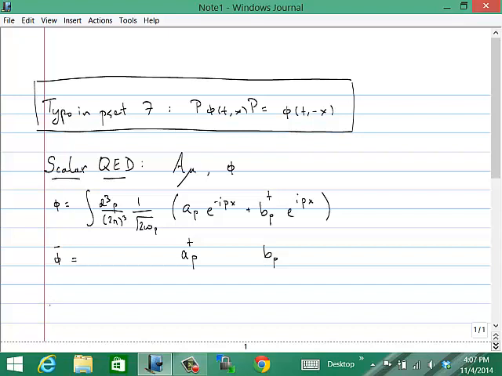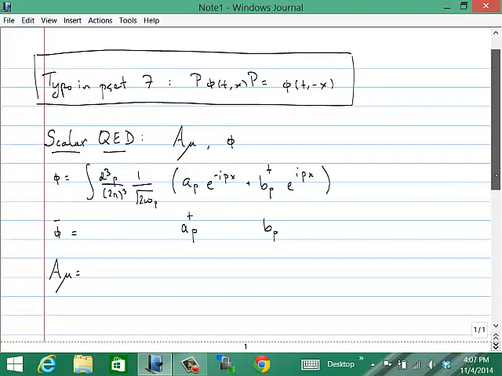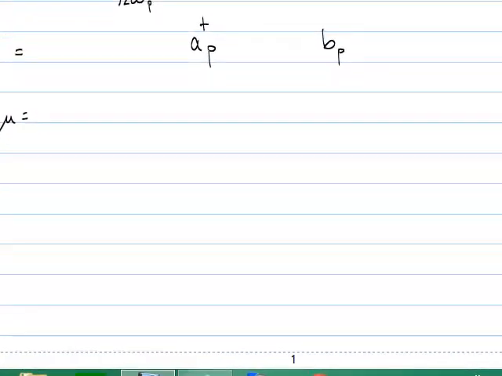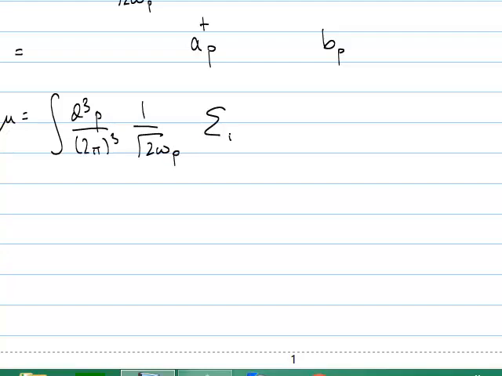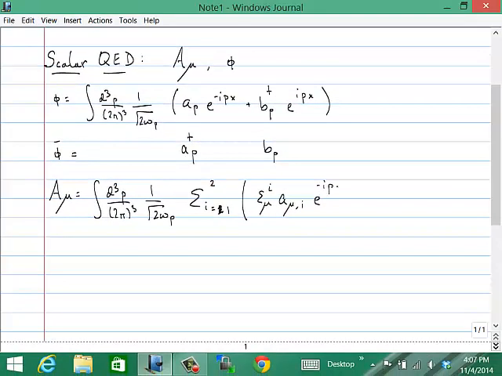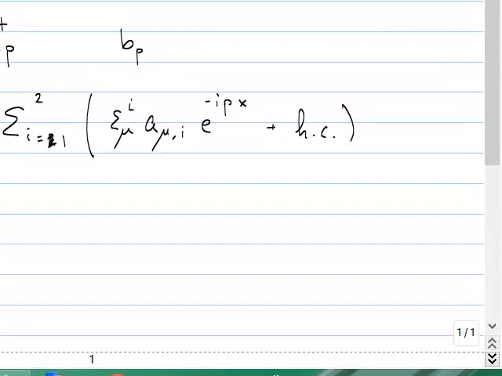And likewise, in the free theory, we can expand our gauge field A mu in a similar way, in terms of Fock space operators. So there are some normalizations there. The only subtlety is that we need to keep track of the fact that there are two different polarizations of the photon that I've called epsilon 1 and epsilon 2 here.